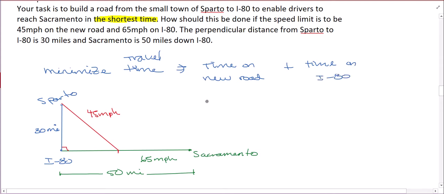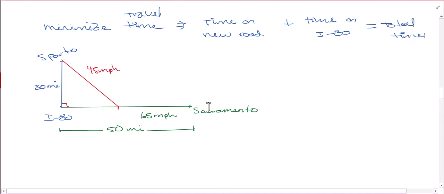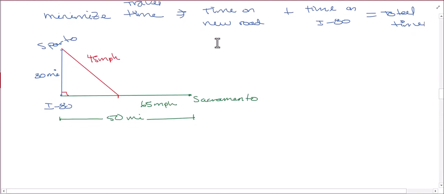So that's where our equation is going to be, the total time. Essentially, where should this road connect from Sparto to I-80 so that travel on that road plus travel on I-80 takes the shortest amount of time? So that's what we want to come up with. So what is time? Time on the new road plus time on I-80.